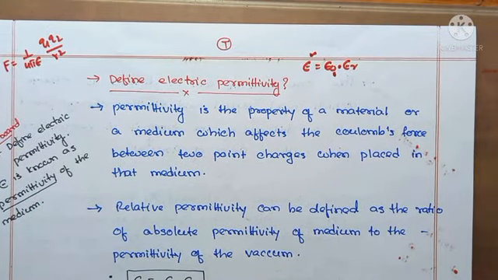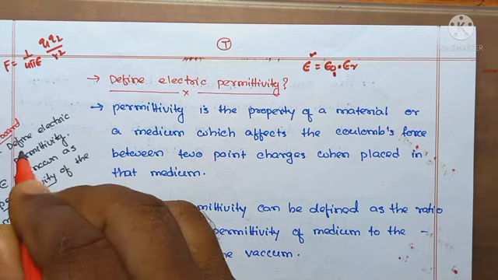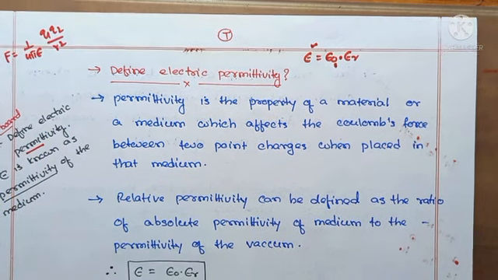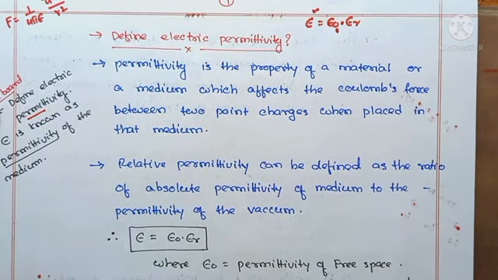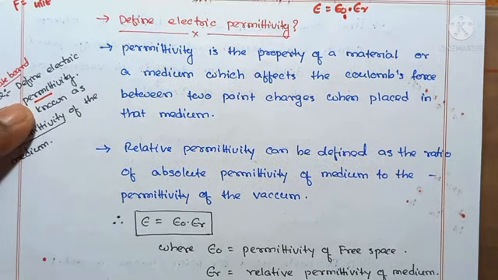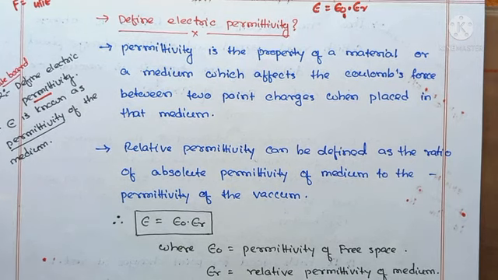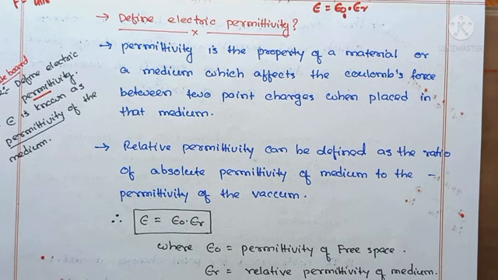Some CBSE board and CHSE boards ask to define electric permittivity, and epsilon is known as the permittivity of the medium. Also, find the SI unit of K, and find the dimension of K in Coulomb's law. So we'll solve these problems one by one.